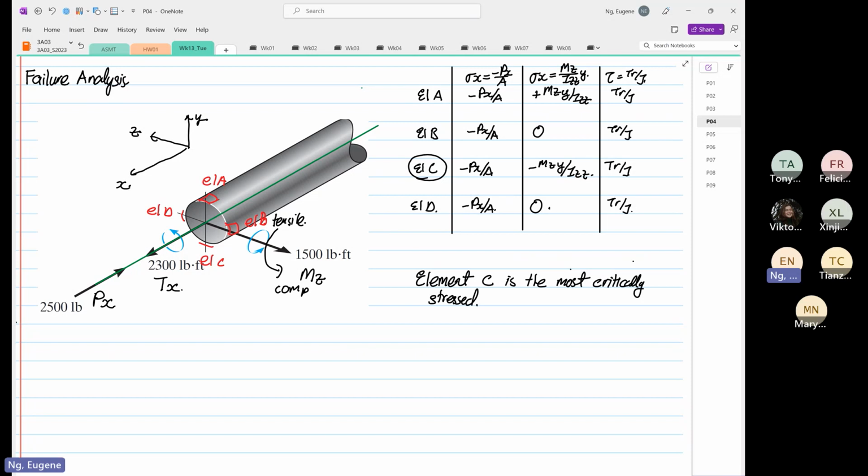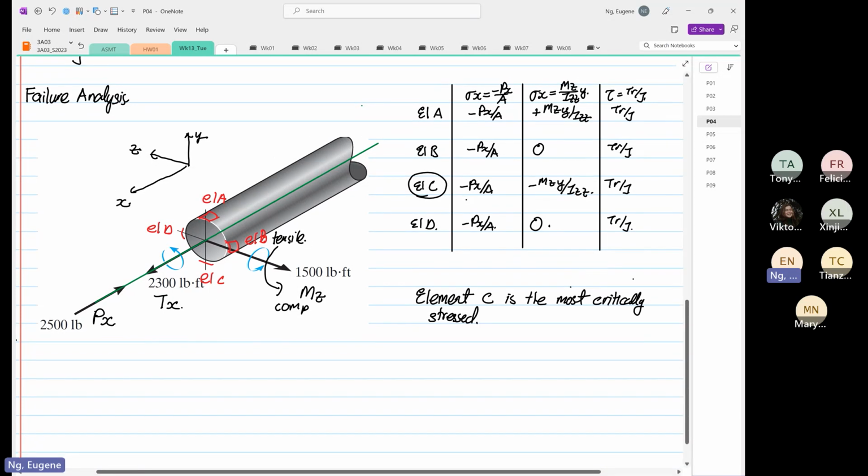So where failure will occur, it will start from where? It will start from element C. Why? Because the normal stress, one is in compression, the other one is in tension, so the magnitude will be lower. So now we have to sketch out element C.